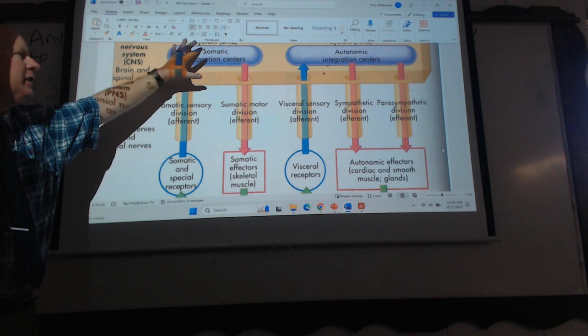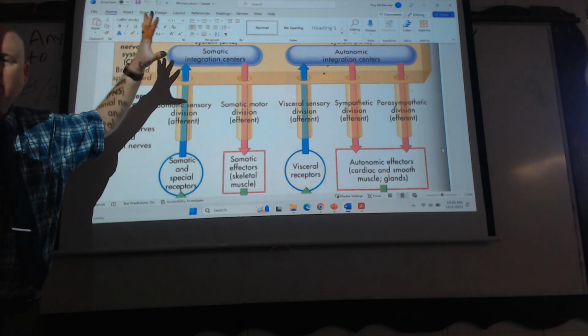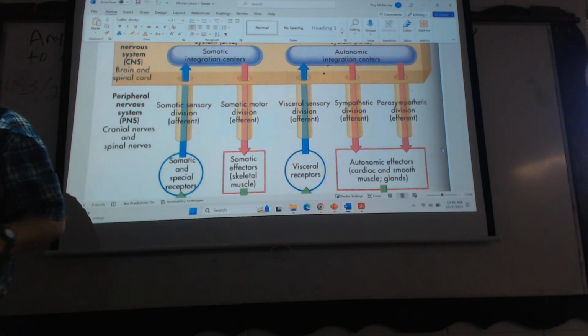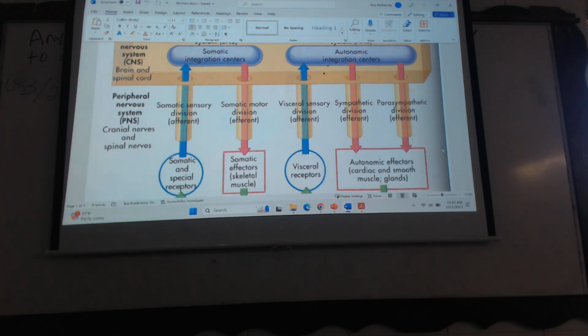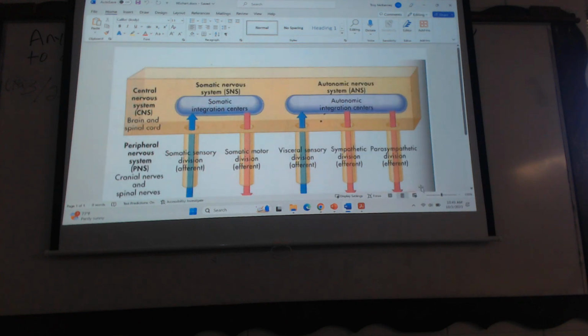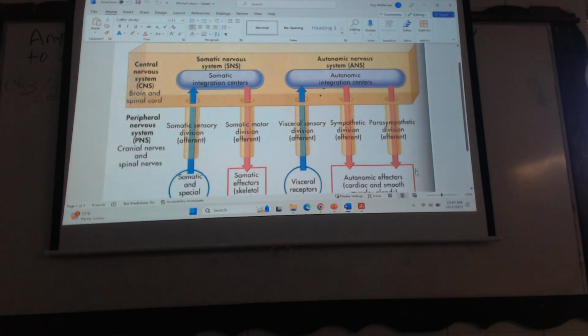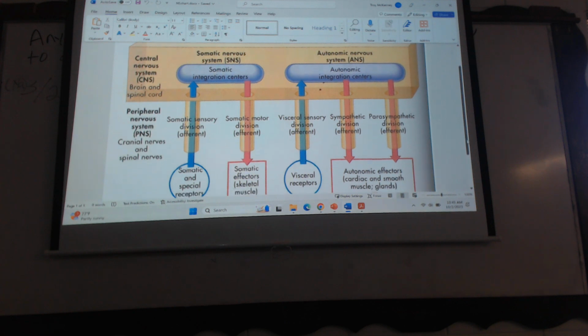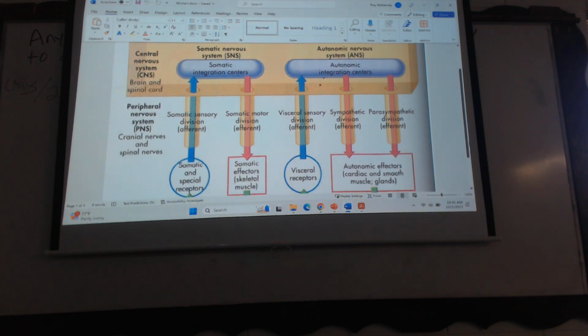This side, the somatic nervous system, I don't think I can have it that big. I'm going to have to shrink it. I think that would possibly, there we go. Okay.